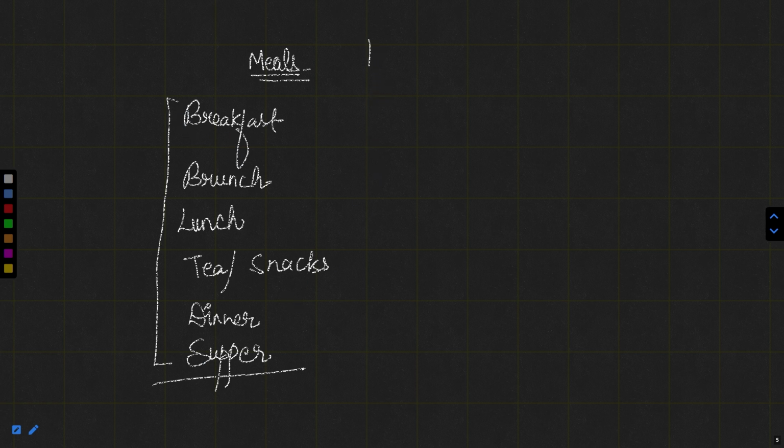Now, we cannot use any article before the names of the meals. We should not use any article before the names of the meals in a general sense.